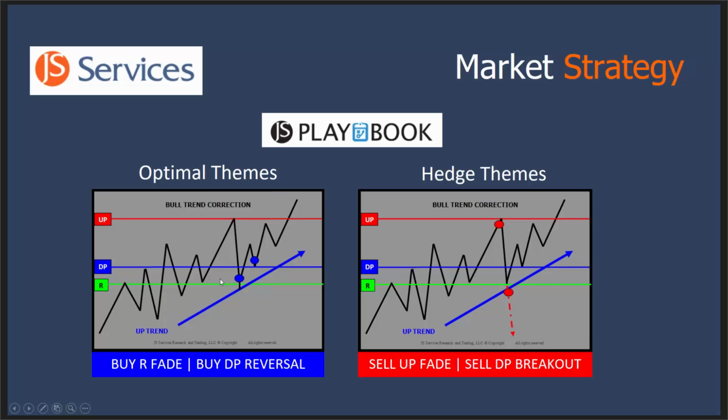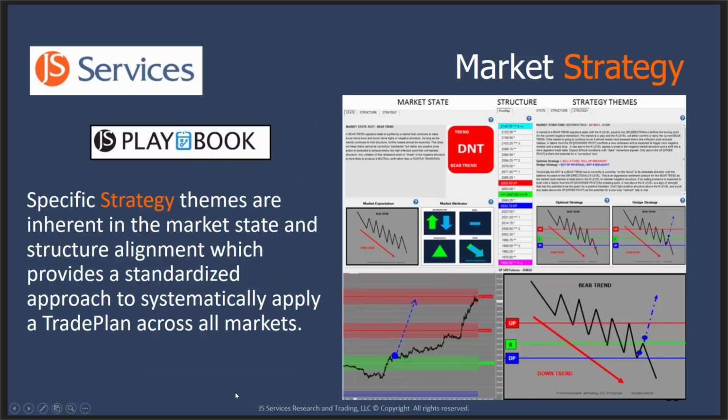So if a market's going to build higher highs, higher lows, it's typically going to bottom out above that key structure low point, and if it doesn't, that can be a tell. So it's important to understand these are not only specific strategies, but they're also kind of a theme expectation.